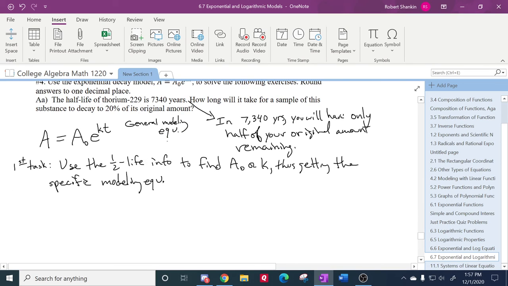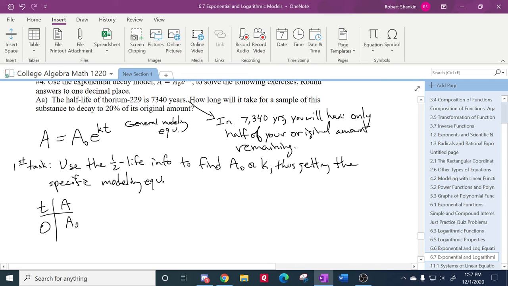All right, so I'm going to make a little table, T and A. When time t is 0, it zeroes out this, because e to the 0 is 1, so a would be a0.